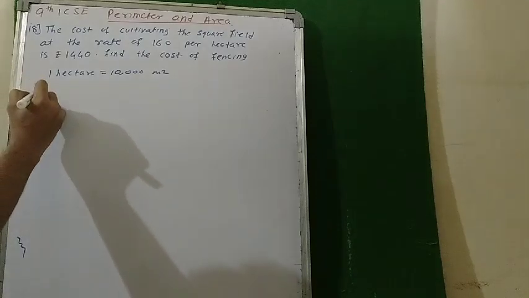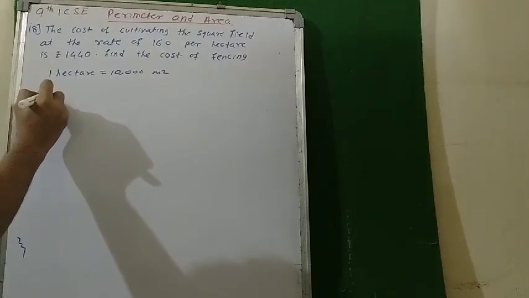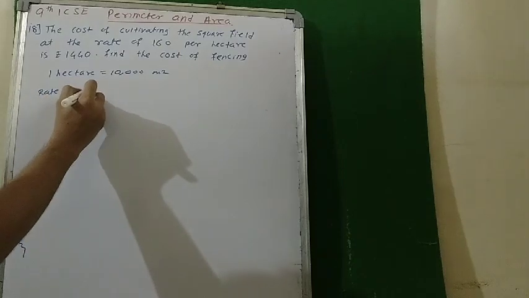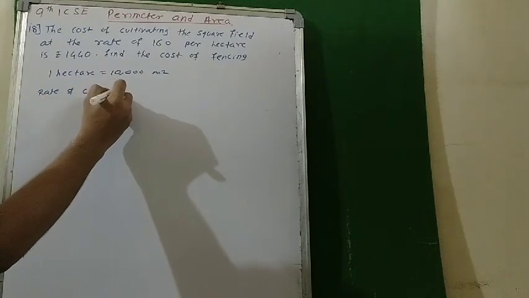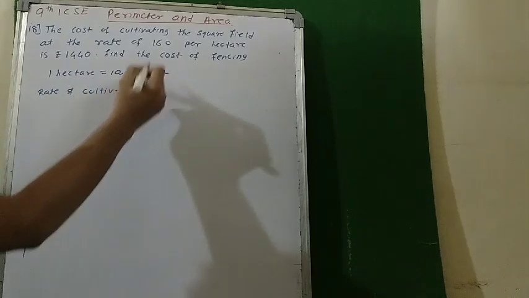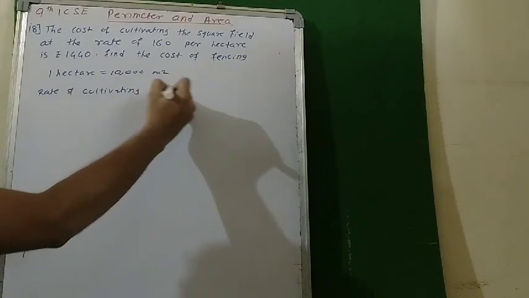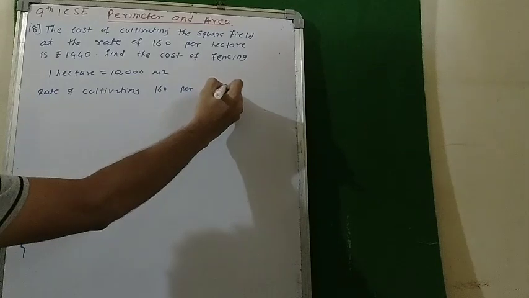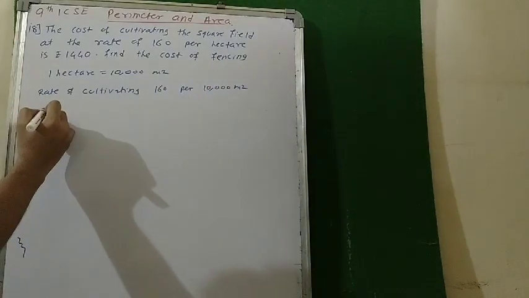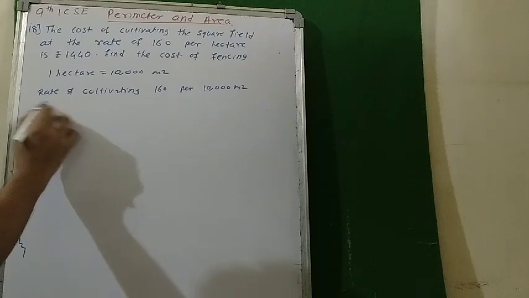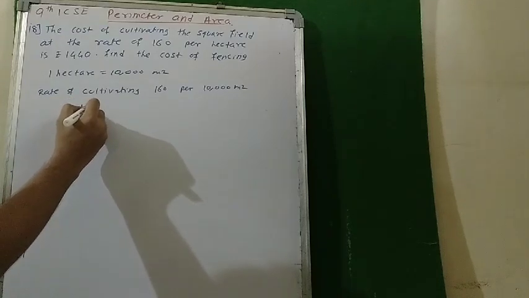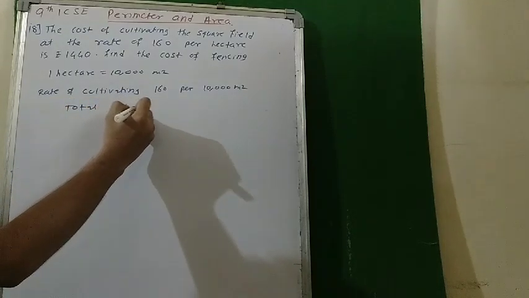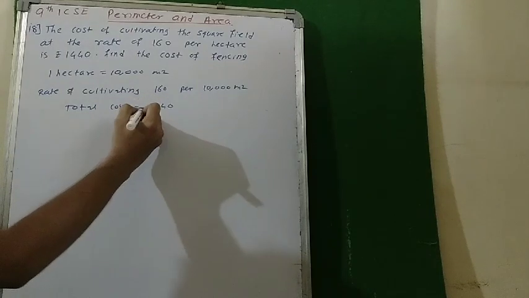So, rate of cultivating is 160 per 10,000 meters square, and total cost is 1440.